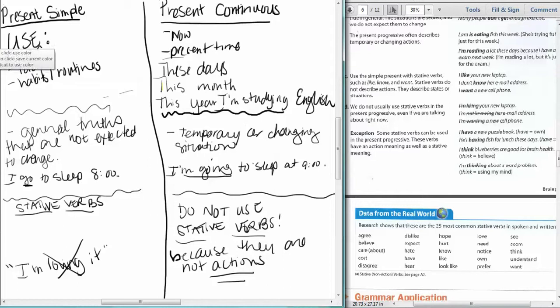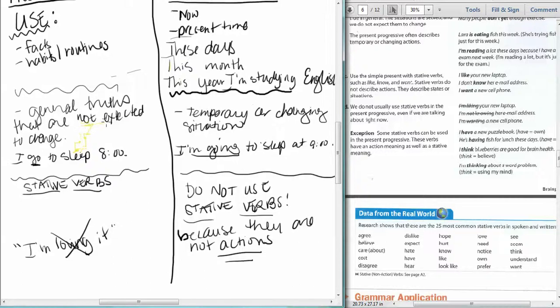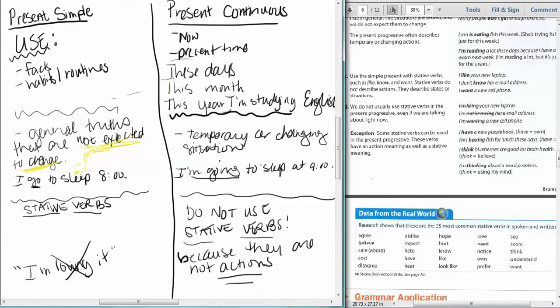It's a big piece there, that they are not expected to change. Let me kind of underline that. Not expected to change. Whereas over here, you have temporary or changing situations. They are temporary.